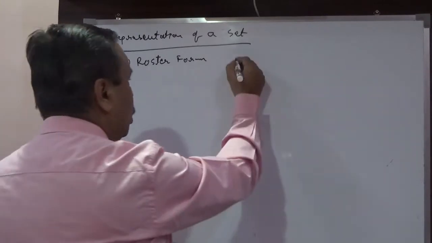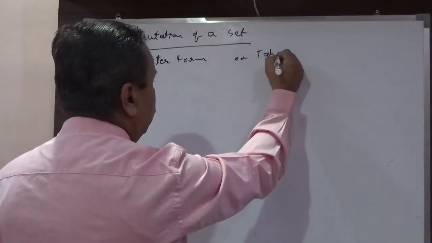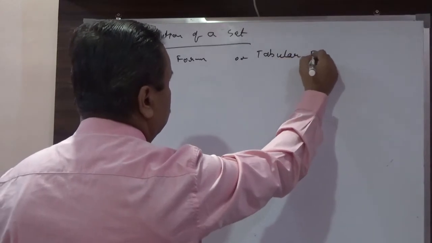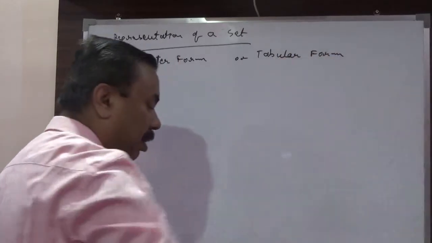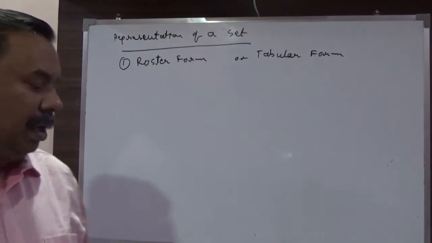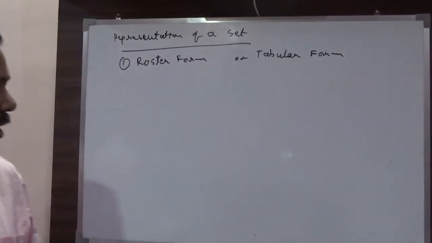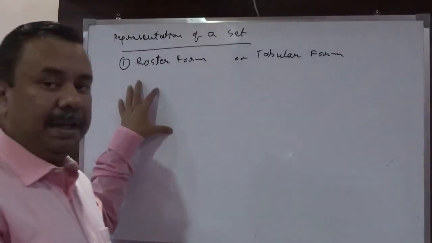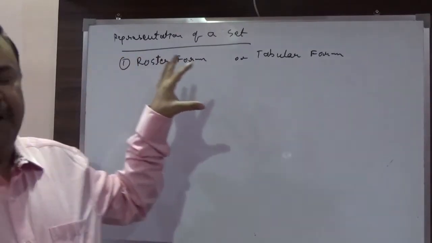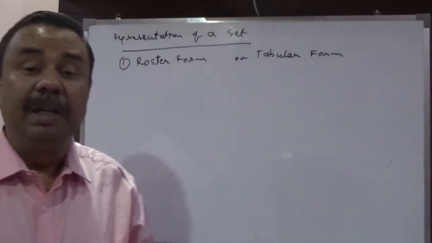Or it is also called the tabular form, or tabular method. What is it? In this case, the specific elements are written.